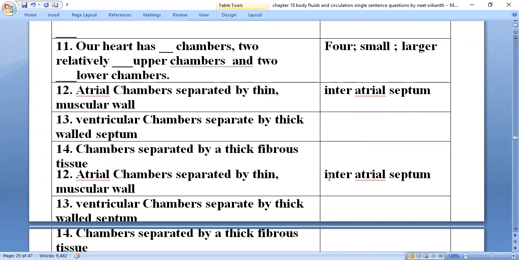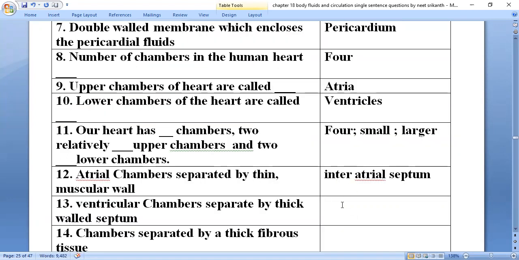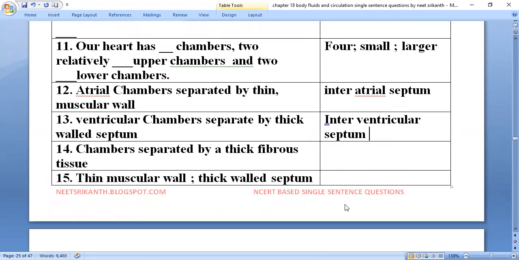The ventricular chambers are separated by a thick-walled septum called the interventricular septum. Atria and ventricles are separated by a thick fibrous tissue called the atrioventricular septum.